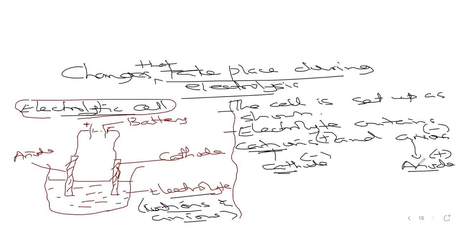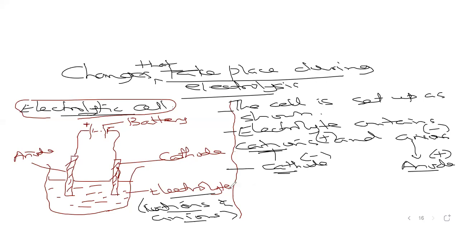We shall see that when we come to an electrochemical cell. So, the electrolyte contains cations and anions. During electrolysis, the ions are discharged. So the anions migrate to the anode and the cations migrate to the cathode.